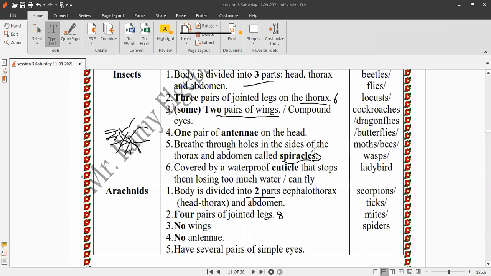Let's explain this part. Insects breathe through holes in the sides of the thorax and abdomen called spiracles.